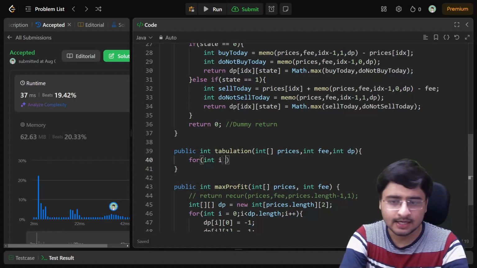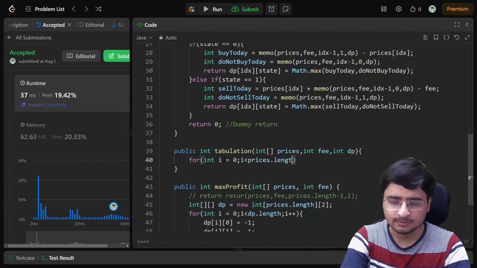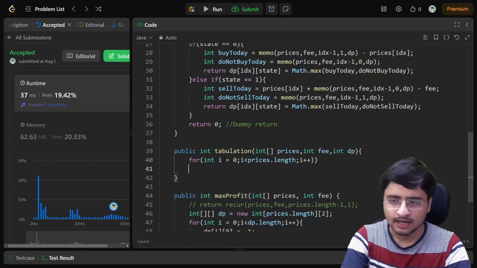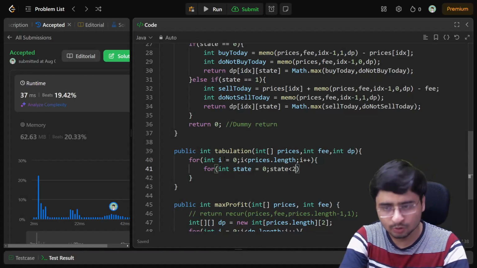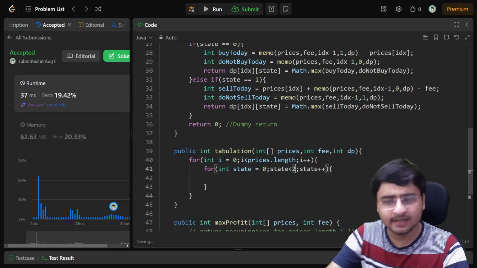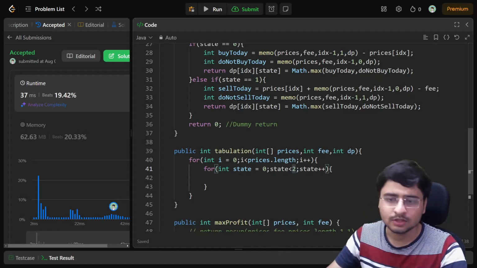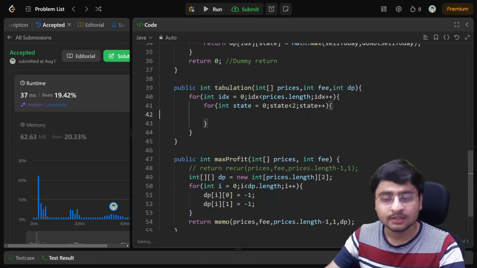For int i = 0, i < prices.length, i++, and here we are going to have for int state = 0, state < 2, state++. Since state has only two values, we're going to say 2 only. Instead of i, let's call this idx. It will be closer to our recursive code.